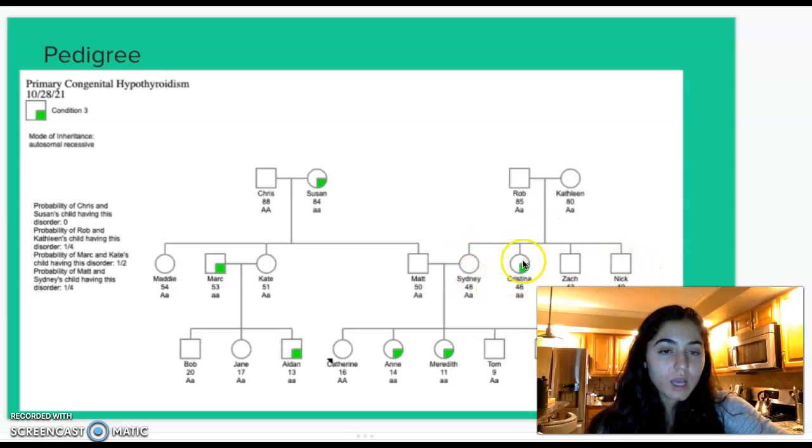One of the offspring has developed the disorder because of the 25% chance here of developing the disease. And then we see another situation of 2 carriers having offspring where 2 of them have been afflicted with this disease.